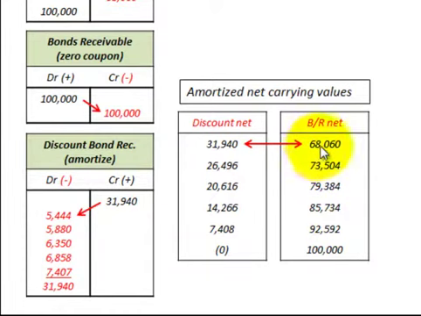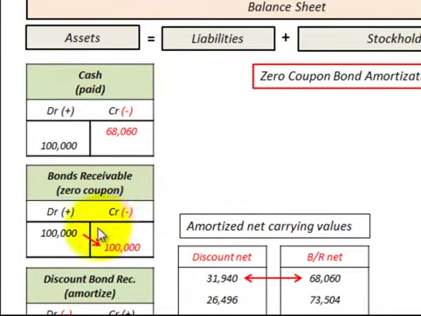So we start out with a bonds receivable of $68,060, and then when it matures, into the 5th year, it has a $100,000 carrying value, which matches the face value of that bond. When that bond matures, we would reduce our bonds receivable by $100,000, and we would increase our cash account by $100,000. So that's where we received our payment on that bond.